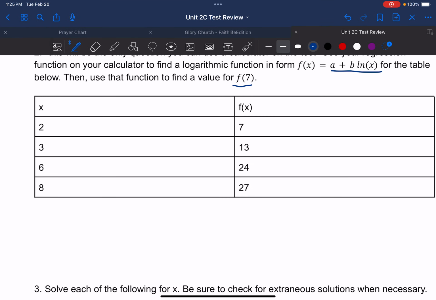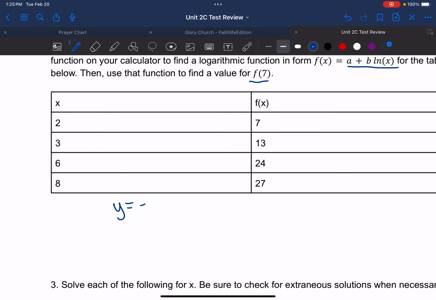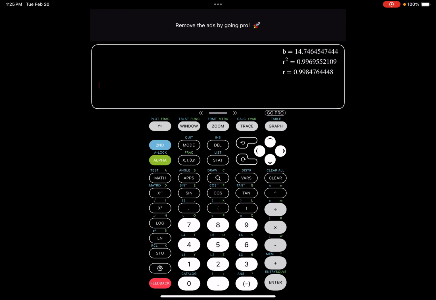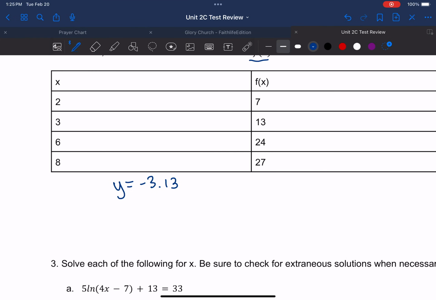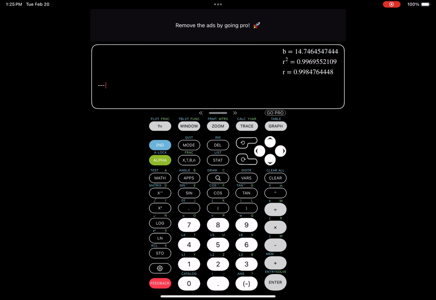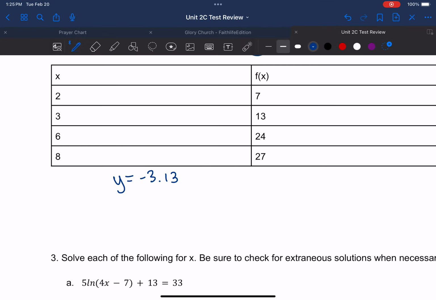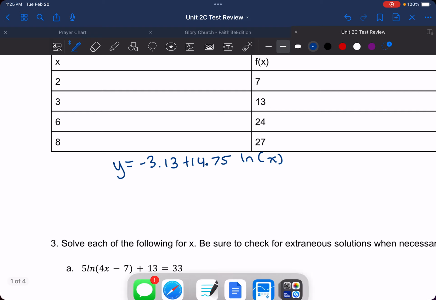So the equation would be y equals negative 3.13 plus 14.75, to the nearest hundredth. Okay, so that's my equation.